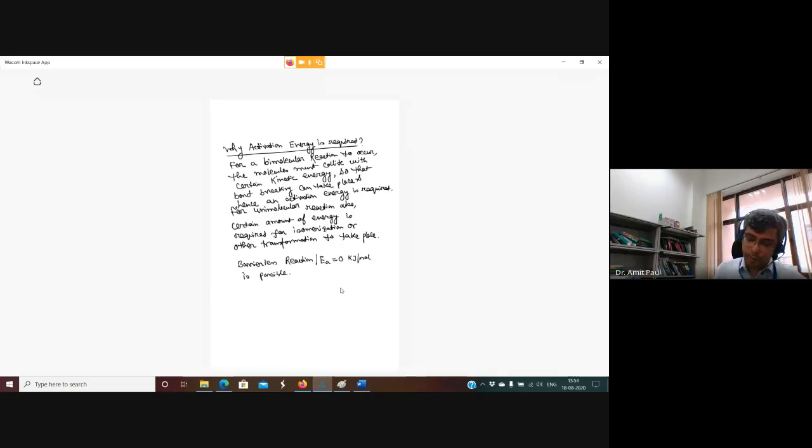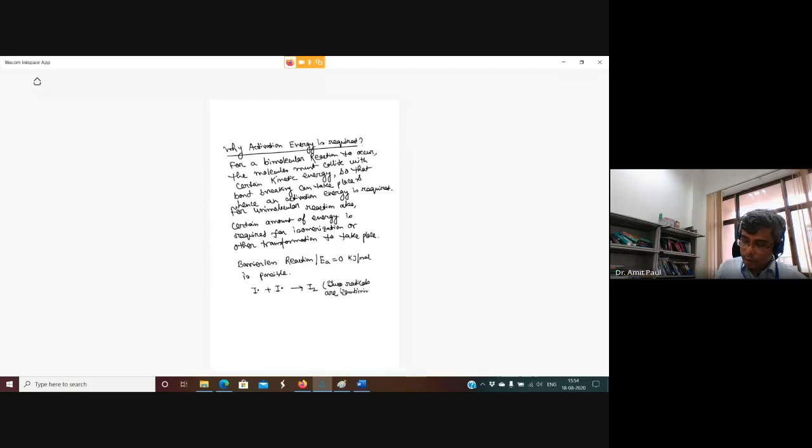For example, if I take I dot plus I dot, they will form an iodine molecule. So what is happening is that two radicals are combined, right?